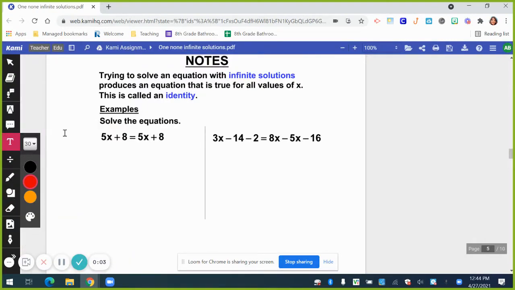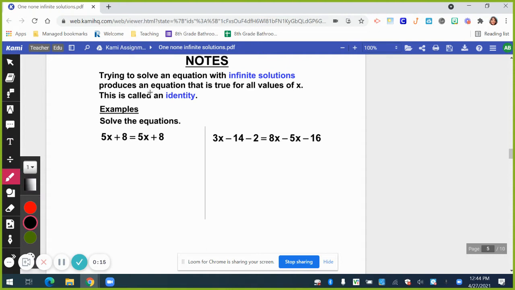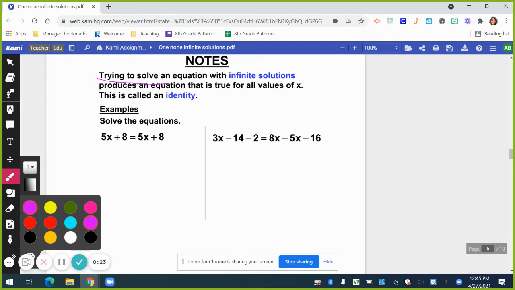Okay, so now we're going to be talking about infinite solutions. Trying to solve an equation with infinite solutions produces an equation that is true for all values of x.